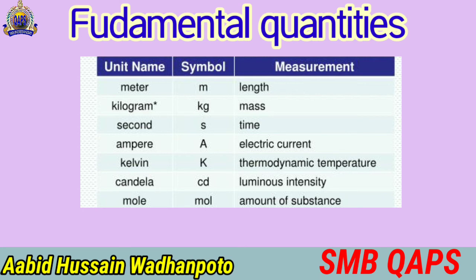So remember that length has a unit which is called the meter, mass has a unit which is called the kilogram, and time has a unit which is called the second. Now these are the three fundamental basic quantities, and these have the three fundamental units, and on the basis of these units all over the world they are used nowadays.